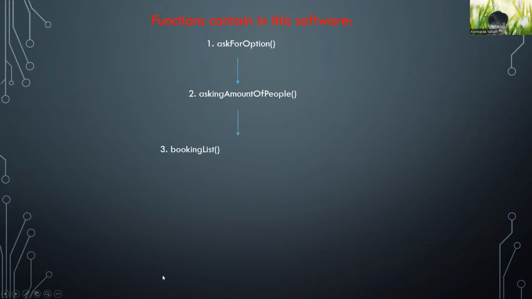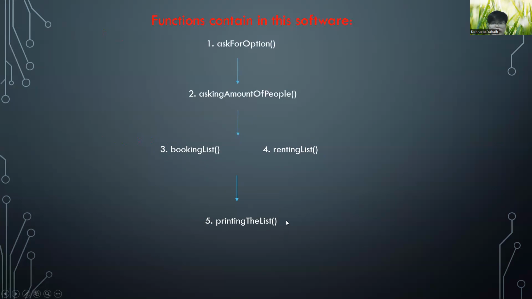The third function is the booking list function, and function number four is the renting list function. And the last function is the printing the list function, which is used to create the file and input all the data in our program to the file that we had created.